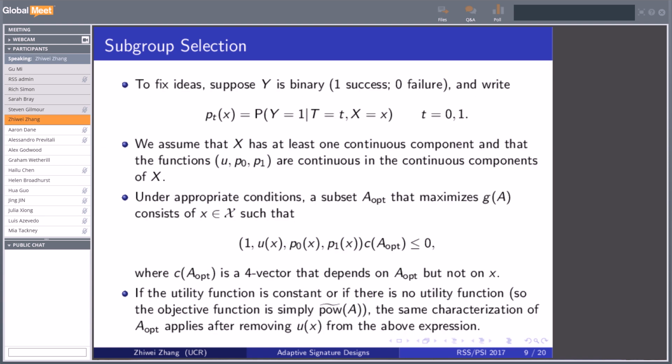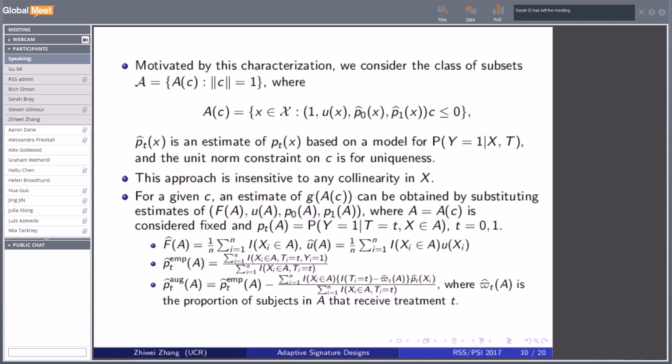If the utility function is constant, or if there is no utility function, so we just want to maximize the power, the same characterization applies after removing U of X from this expression. Now, this expression doesn't really describe the optimal subset explicitly because the coefficients depend on the subset. However, it does suggest a practical approach for estimating or approximating the optimal subset, as we explain on the next slide, number 10.